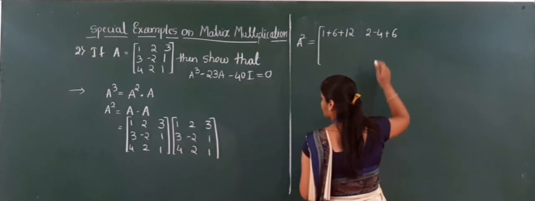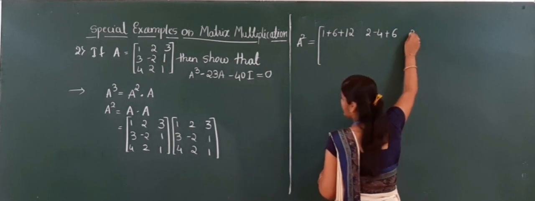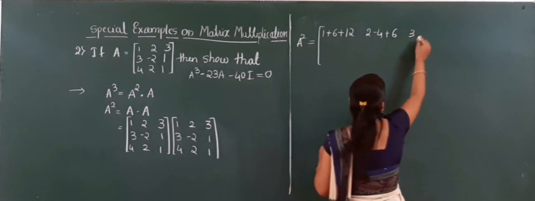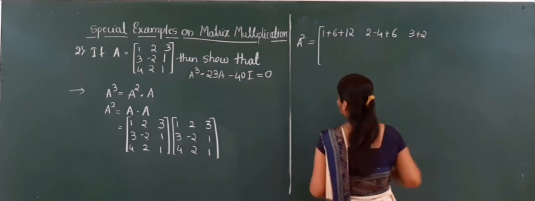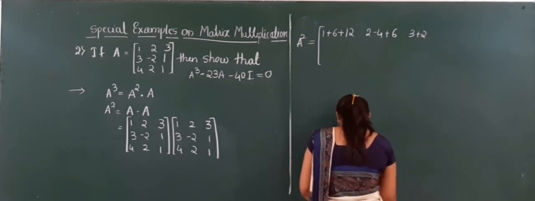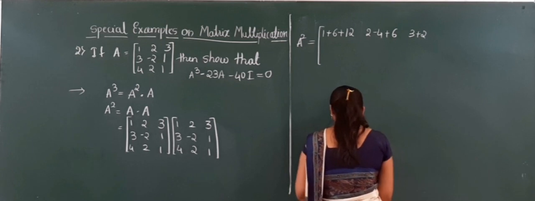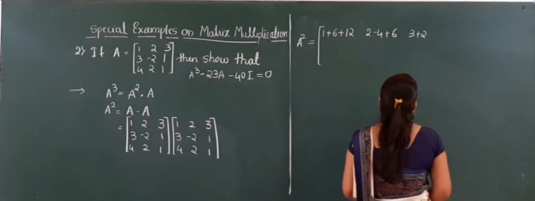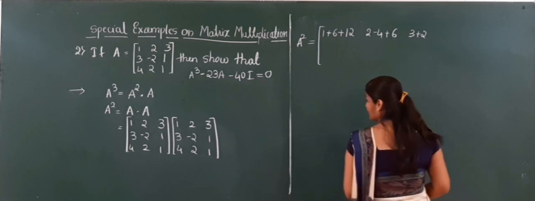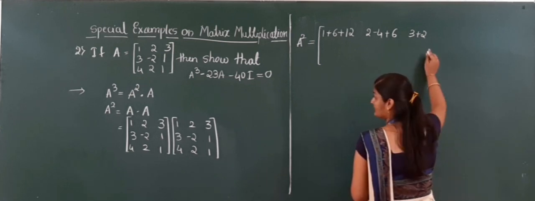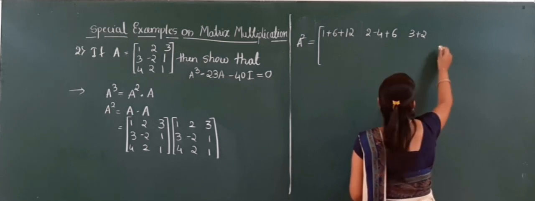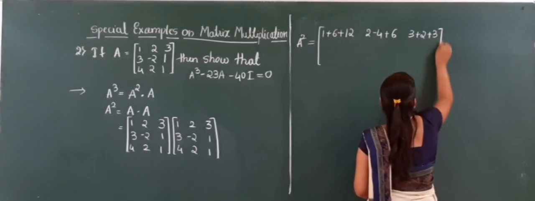Next, 1 3 are 3, 2 1s are 2. Next what will you get? See here. 3 plus 2, 3 ones are 3. Okay.